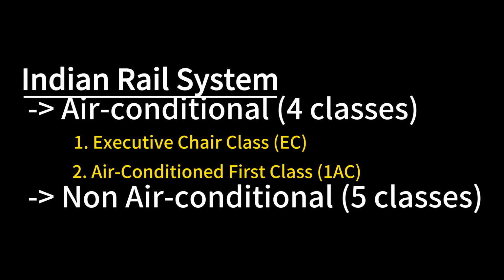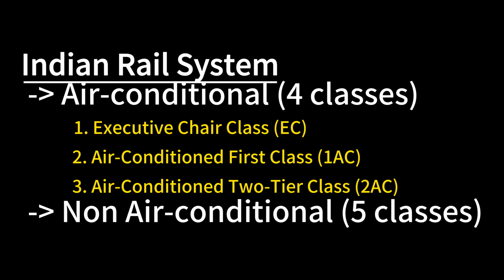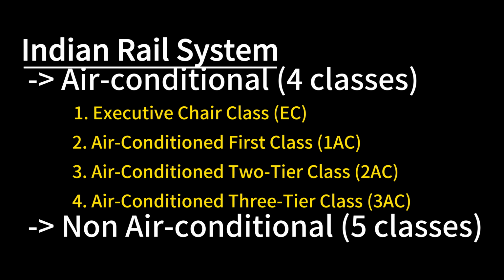Number 1, EC, which is executive chair class. 1 AC, which is air conditioner first class. 2 AC, air conditioner second tier class. 3 AC, third tier class air conditioner.